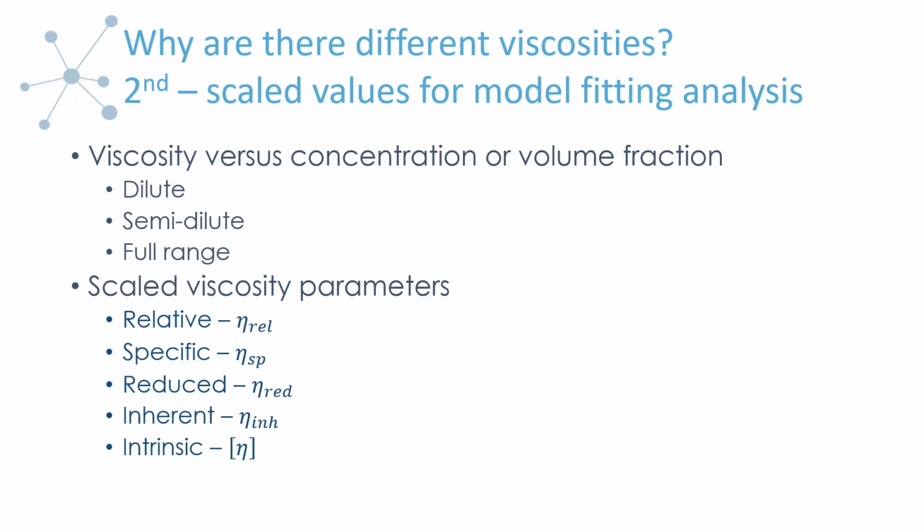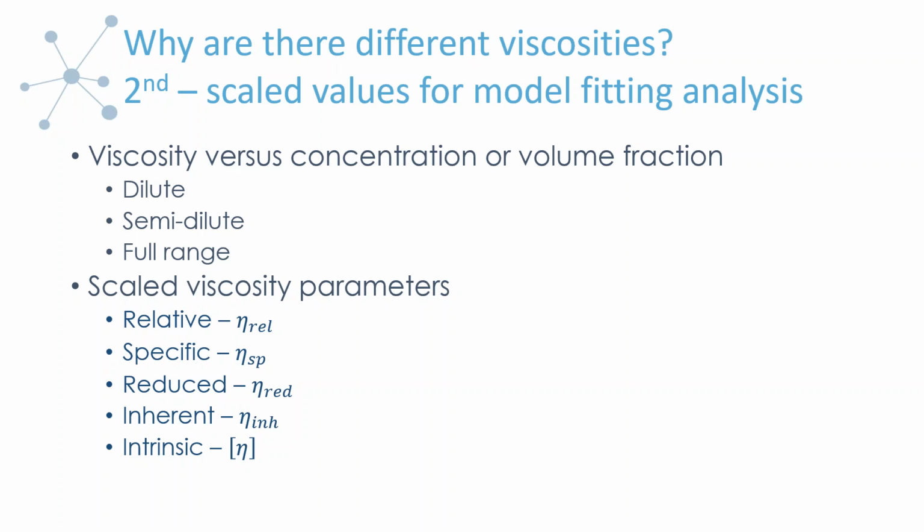They look at these relationships, viscosity versus concentration or volume fraction, and they want to model this in some way and fit equations to this data. As a result of this process, certain scaled values fall out, and they've been assigned particular names over time. So this is another way that these many different types of viscosities have come about.